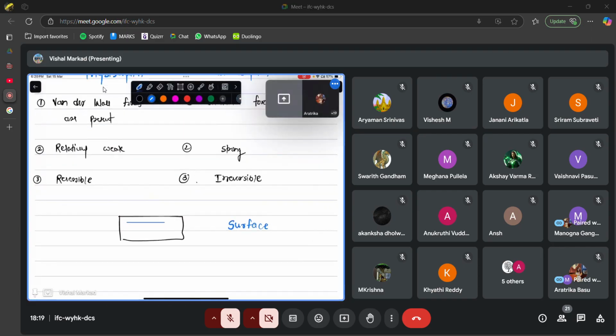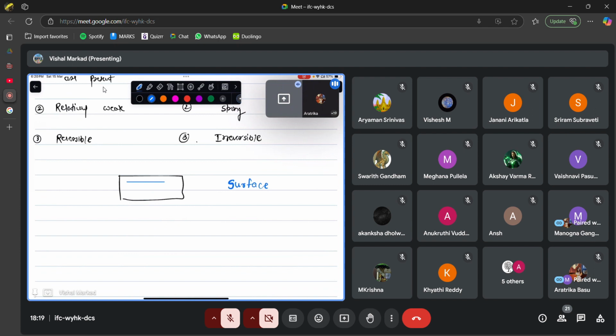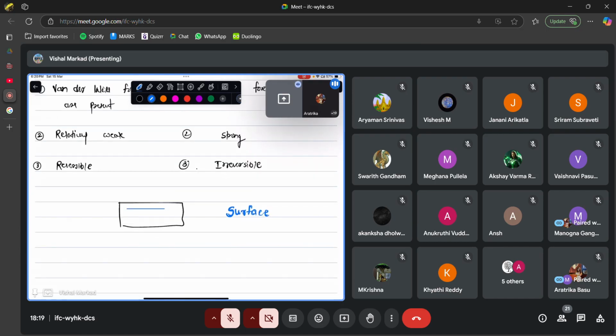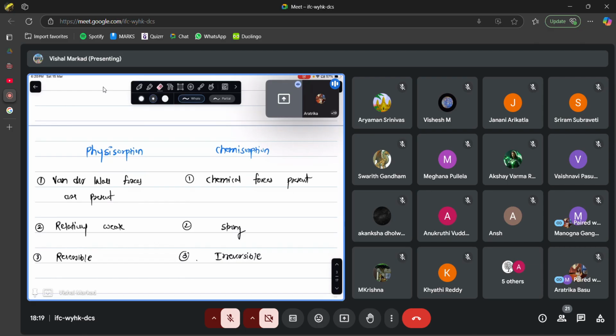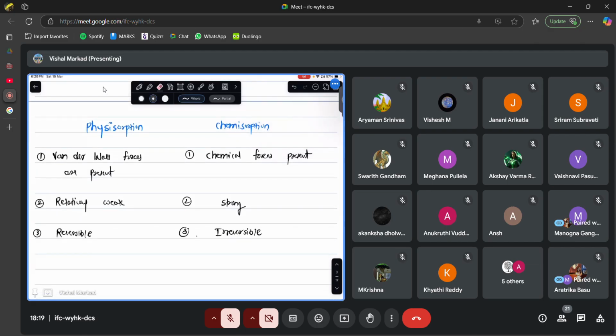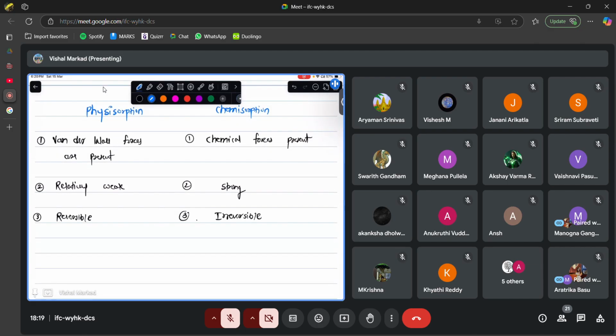Suppose this is the board and I have written surface here. Can I use ink again and write again on the same? I can write, right? So one layer I have already written, and I have formed one more layer also. Such a thing, where is it possible, in physical adsorption or chemical? Formation of a multilayer means we can put adsorbate again and again. Physical.